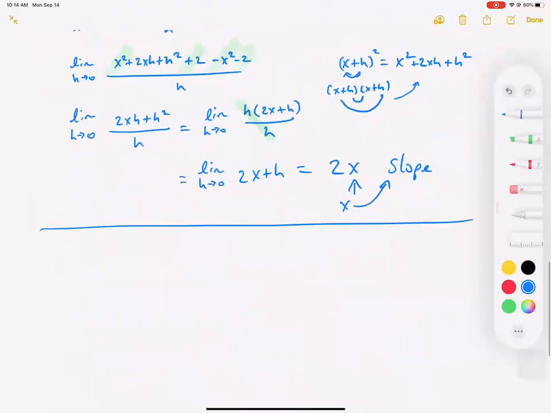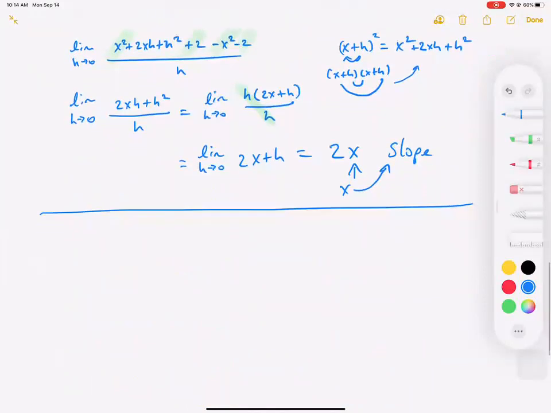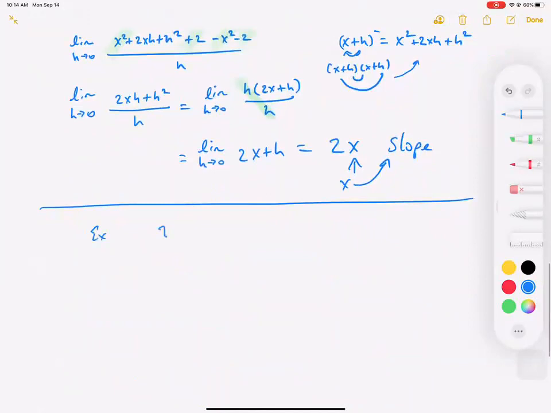Okay, so we worked with x squared. If this was, just as a quick example, x squared plus 2x plus 1, let's say this was your f of x, your f of x plus h would be x plus h squared plus, remember, every time you see an x, you swap it with our new version, plus 1.